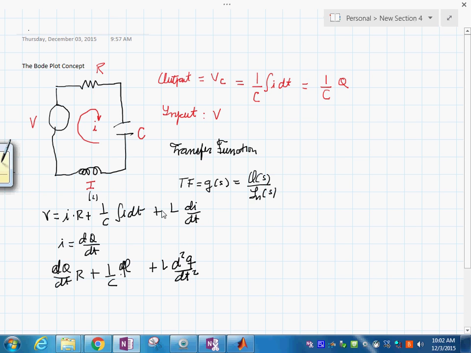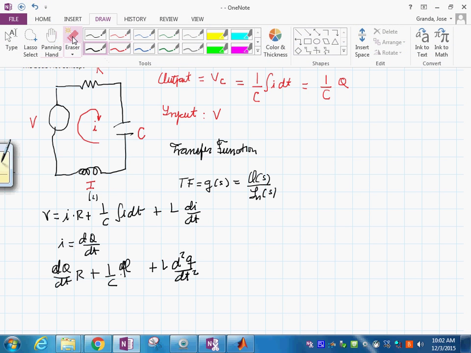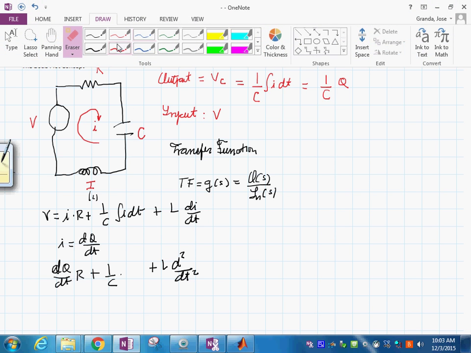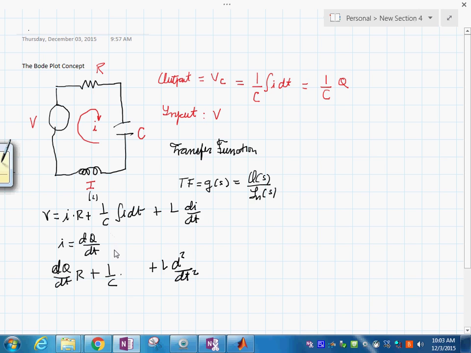Let's be consistent about using capital Q, so let's make this little correction here. And then we go over here, and it's 1 over C times Q, and this is like this.